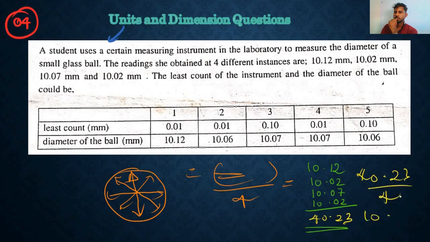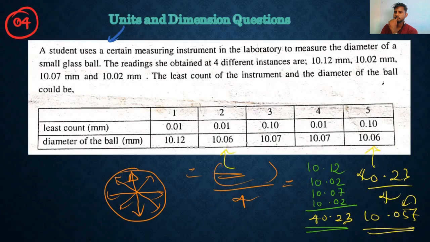It's 10.05, and with the remaining digits we get 10.057. We don't have 10.057 among the options, of course, so we can round it to 10.06, and we have 10.06 here.